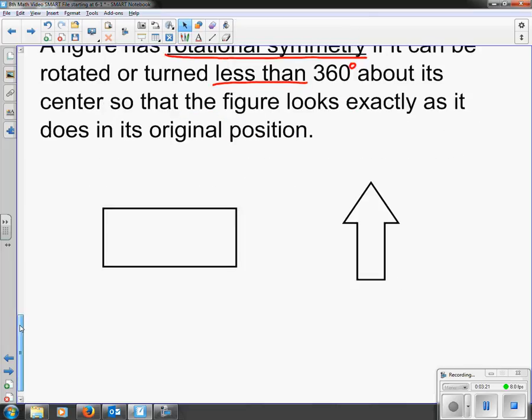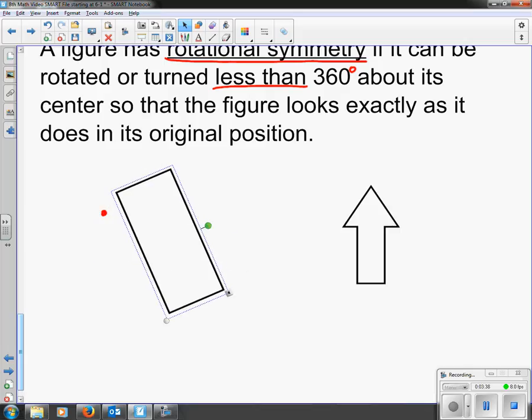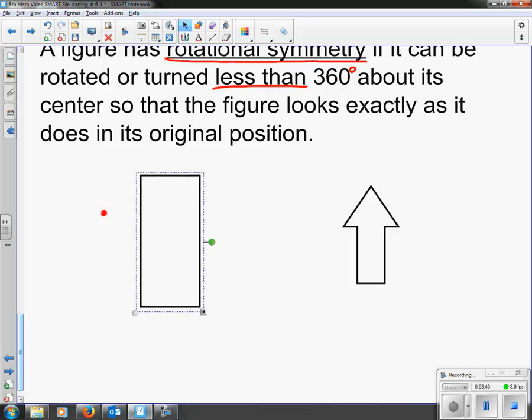Here I have two shapes, a rectangle and an arrow. In my rectangle, I'm going to color a dot. The dot is not going to move with it, but it shows where the dot started. If I rotate it just 90 degrees to here, it does not look the way it did when it started, so its rotational symmetry is not 90 degrees.